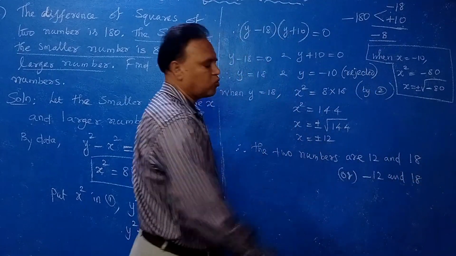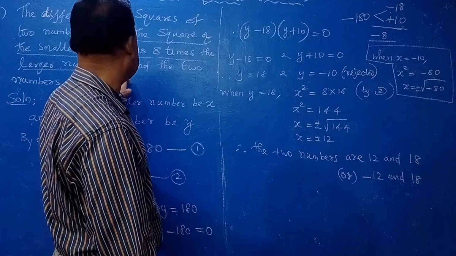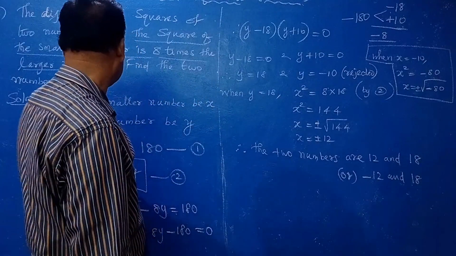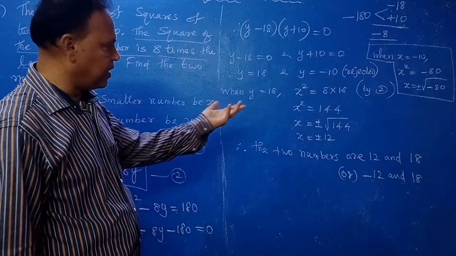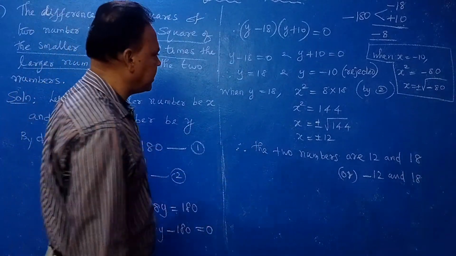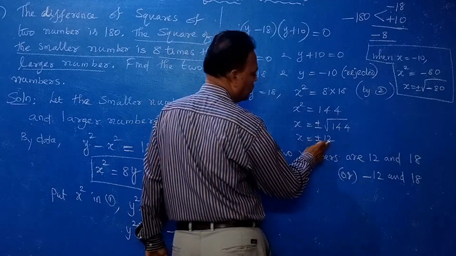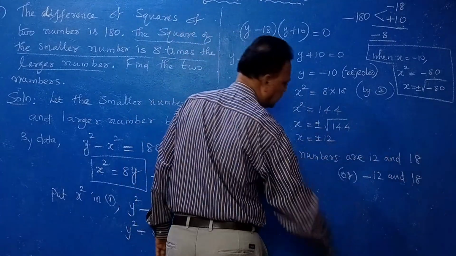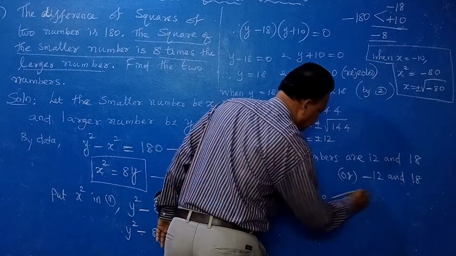Both the cases you have to write. Final answer is very important, because here they ask to find the two numbers. In the problem they did not mention positive numbers. Here any two numbers, maybe negative also. So better you write both the cases. Clear? That is very important.